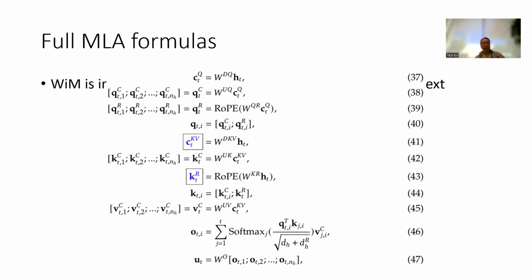Yeah, you're right. They actually did not tie these two matrices. They could have had it where there's some kind of inverses of each other or whatever, and they didn't. So I wonder if they included these DKV and UK weights in their parameter count.